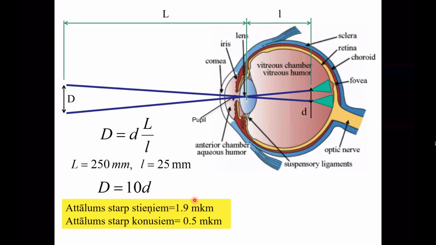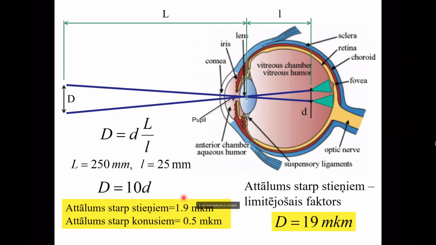So that is why this is a limitation factor. If so, D is approximately 20 micrometers. And typically a real human is able to identify approximately 20 micrometers, means 0.02 millimeters. It is very difficult to see by eye very small objects, less than 20 micrometers.